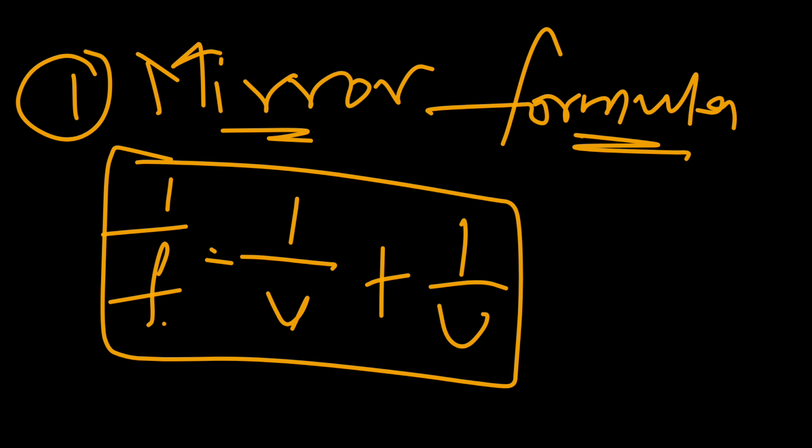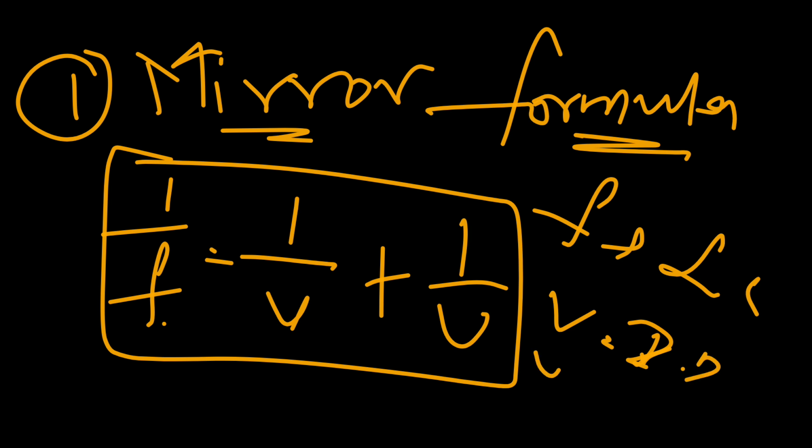Right? Here f is called focal length, v is called image distance, and u is called object distance. We have already discussed what is called object distance. Object distance is the distance between the object and the mirror. Image distance means the distance between the image and the mirror. F means focal length, that is the distance between pole and focus.